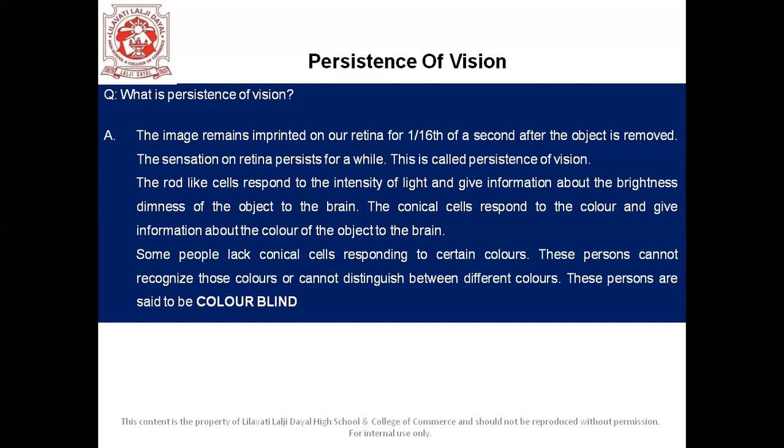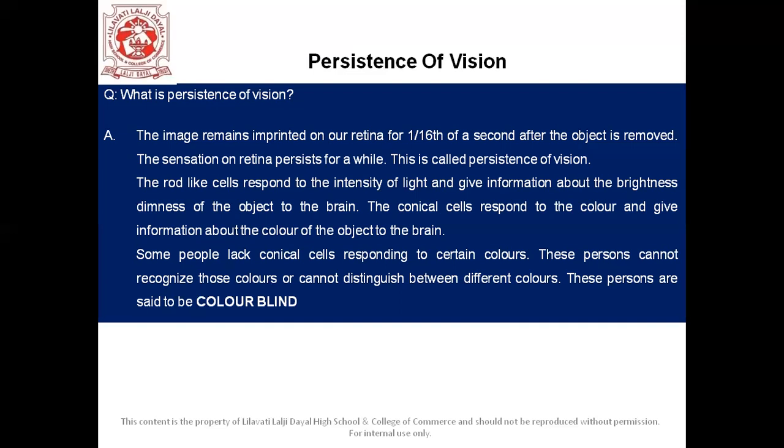The conical cells, students, respond to color and give information about the color of the object to the brain. Some people lack conical cells responding to certain colors, and these persons cannot recognize those colors or cannot distinguish between different colors, and these persons are said to be color blind.